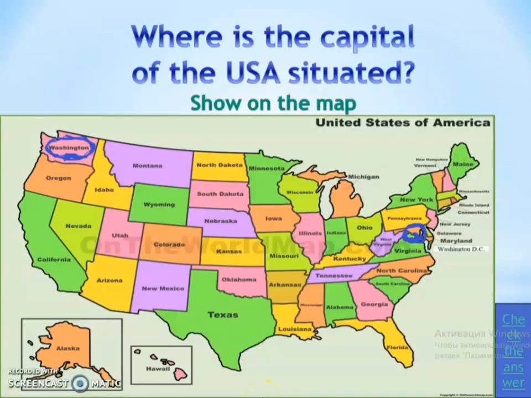So students, the first task is, where is the capital of the USA situated? Show on the map. Here on the left, Washington, or here on the right, Washington, D.C. Which one is the capital of the USA? Washington, D.C. or Washington?